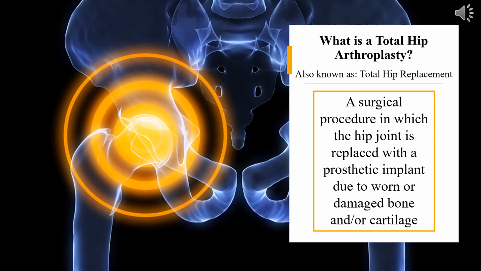A total hip arthroplasty is also known as or referred to as a total hip replacement. The definition is a surgical procedure in which the hip joint is replaced with a prosthetic implant due to worn or damaged bone and/or cartilage. If you see here on the screen, your left side is highlighted with yellow, and it is surrounding our hip joint, which is considered a ball and socket joint.